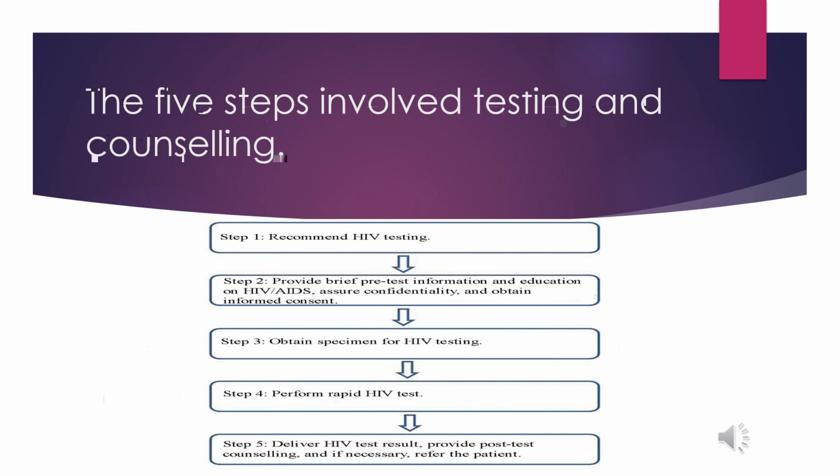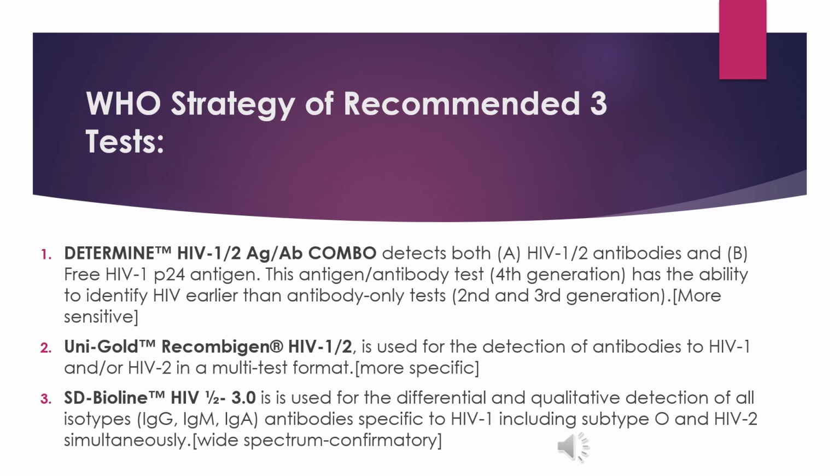The 3-test strategy is so important that although we have covered it in our previous slides, we'd like to repeat it once again. The initial screening is done by determining HIV-1/2 antigen antibody combo tests, because it detects both HIV antigen as well as antibodies, and this is the earliest rapid test which can detect the infection.